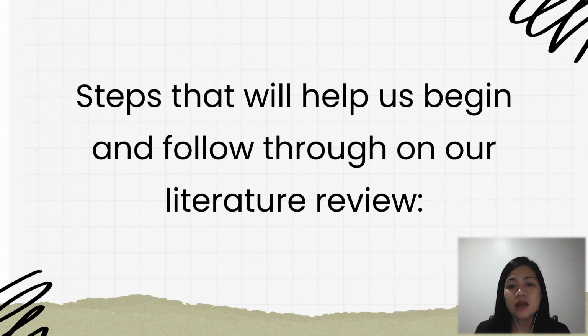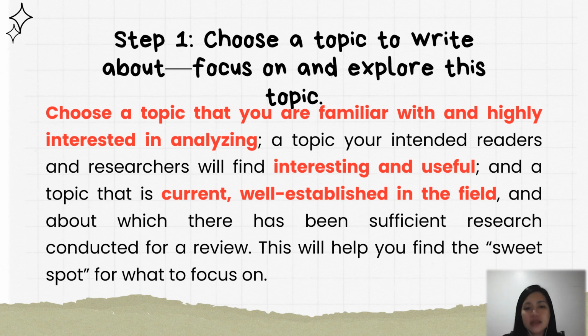Let's take a look at the steps that will help us begin and follow throughout the literature review. Step 1. Choose a topic to write about. Focus on and explore this topic. Choose a topic that you are familiar with and highly interested in analyzing.